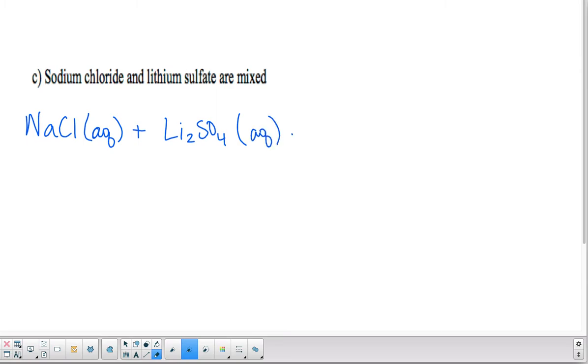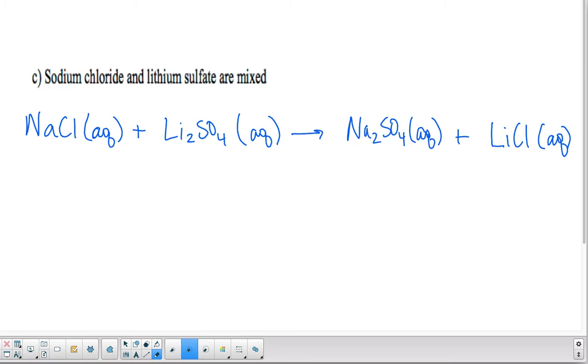Aqueous. Double replacement, what's one of our products? Na2SO4, what's its state? Aqueous. And then the other one is LiCl, and what is its state? Aqueous. You see these are all group 1 metals?